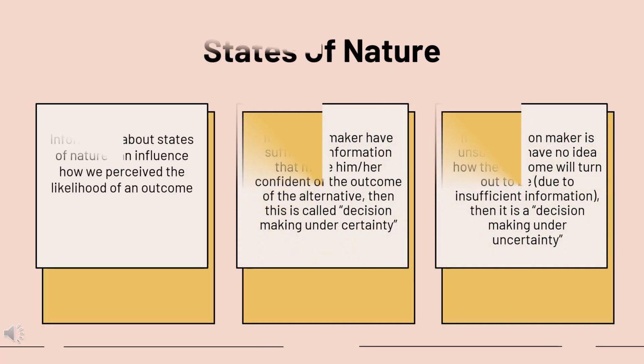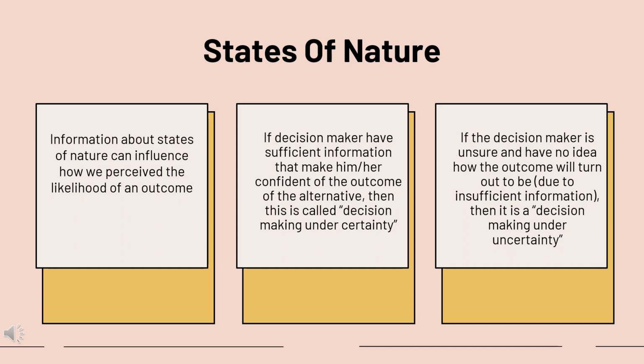Regarding the example, we can say that information about state of nature can influence how we perceive the likelihood of an outcome. If the decision maker has sufficient information that makes him or her confident of the outcome of the alternative, then this is called decision making under certainty.